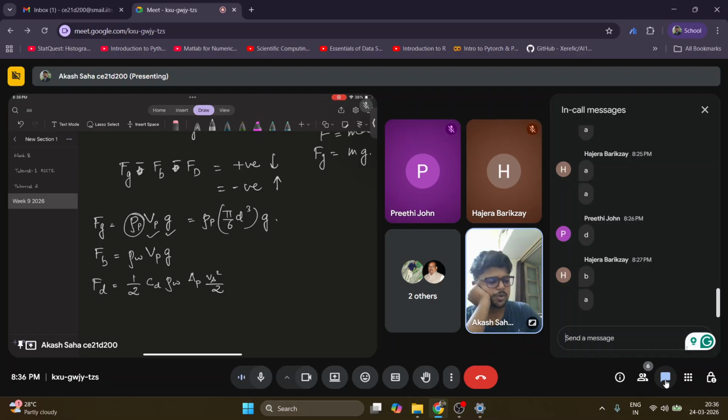Here the velocity that we will use is the backwash velocity instead of the settling velocity, because that backwash is dragging it, right? So we will use the backwash velocity, whatever is given in the problem. What is the projected area for drag?